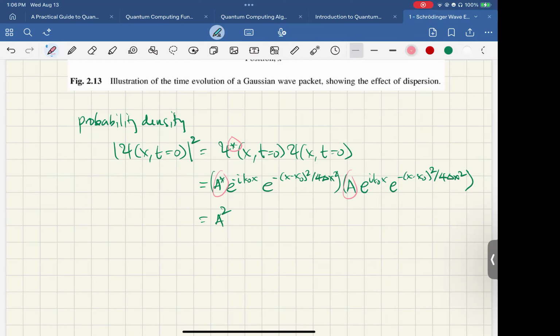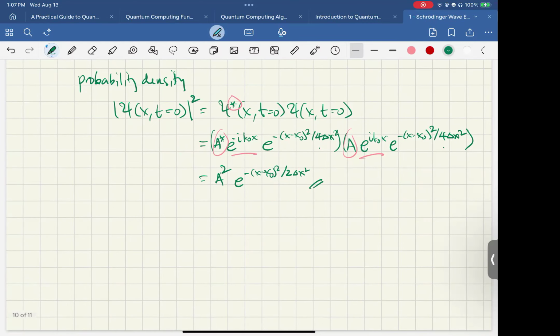And this, multiplied by this, will be equal to 1. So we are left with exponential minus x naught squared divided by 2 delta x squared. 2 kasi you multiply these two with each other. So that's the probability density for this wave function at initial time t equals 0.